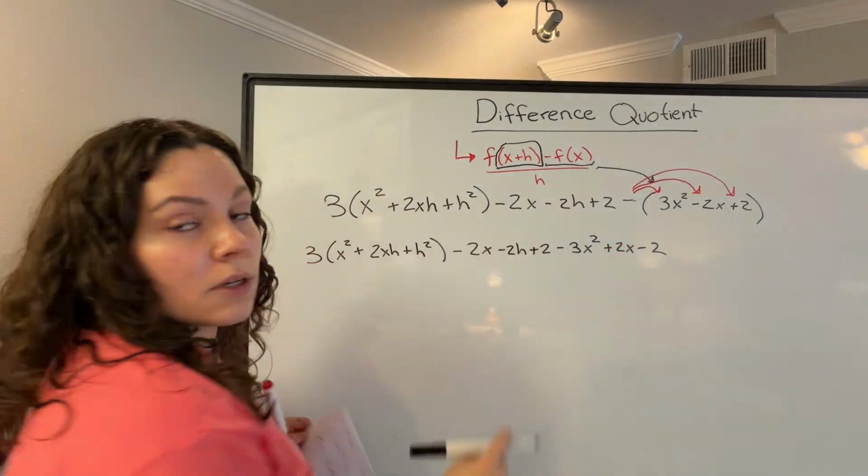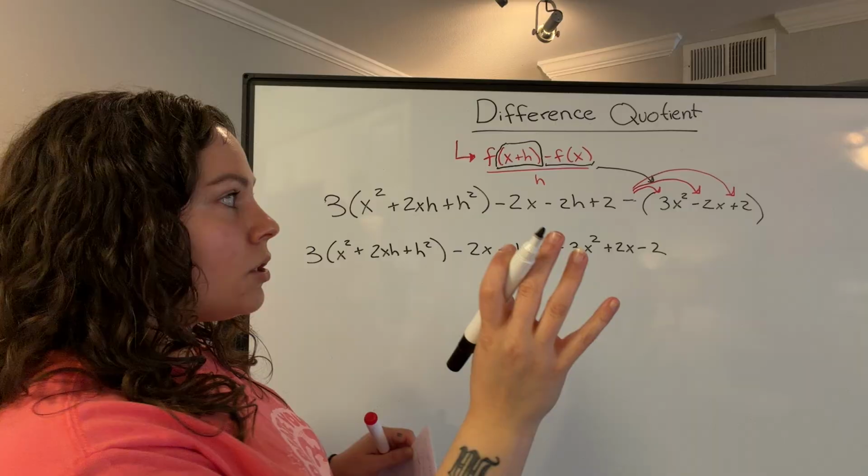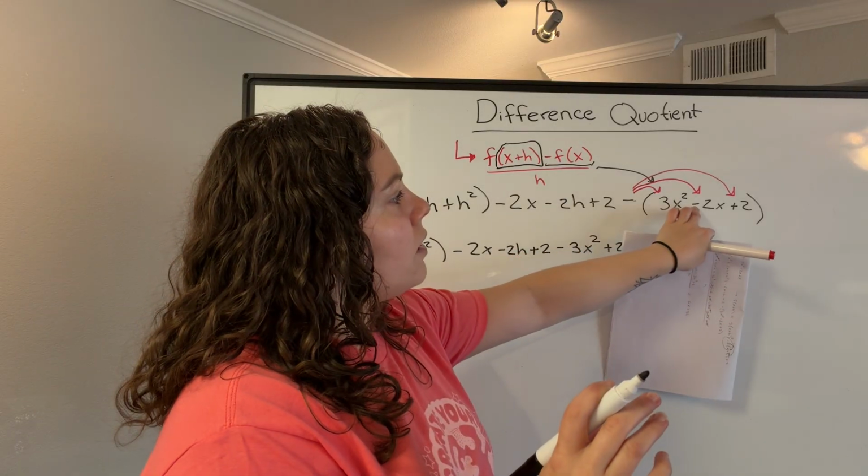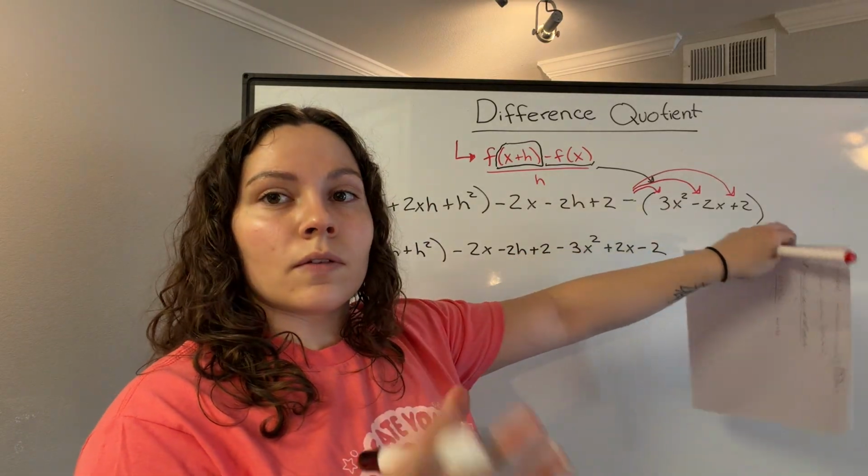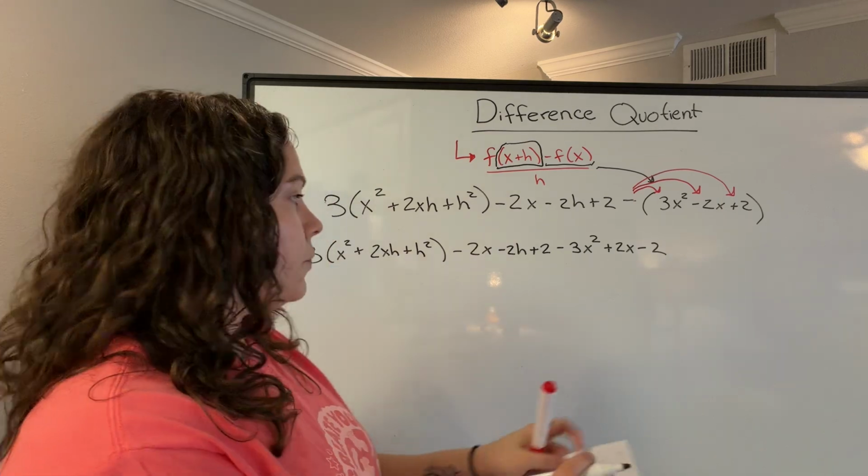Again, I just distributed that negative sign, so each negative will change into a positive and vice versa. A positive will change to a negative.